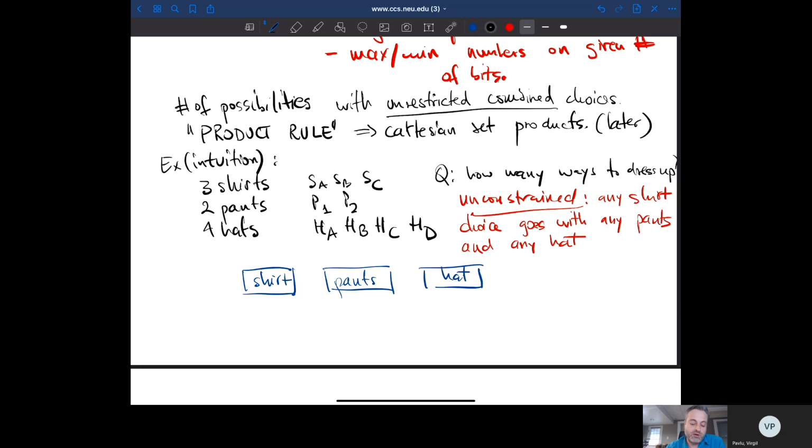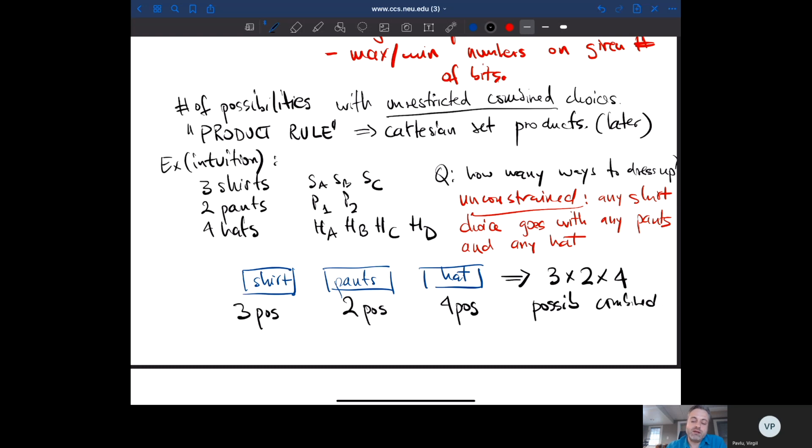There are 3 possibilities for the shirts, 2 possibilities for the pants, and 4 possibilities for the hats. That results in 3 times 2 times 4 possibilities combined.